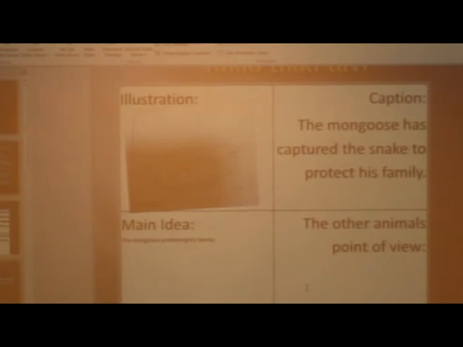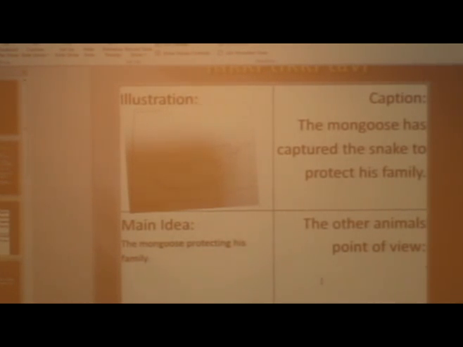I hope I can get away. Yeah, it's another point of view. There's always another point of view. So here, the snake isn't thinking what the mongoose is. The snake's probably thinking, how am I going to get away, because I'm going to get the family, right? Where the mongoose is thinking the other side of it. I'm going to protect my family.